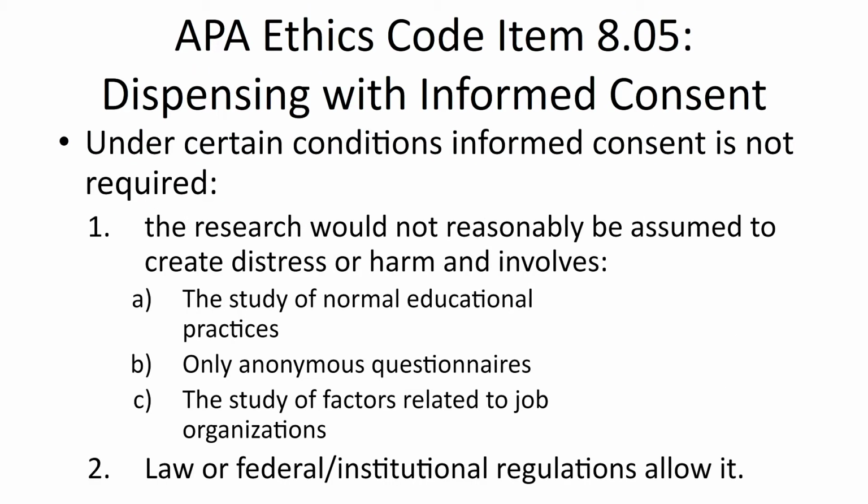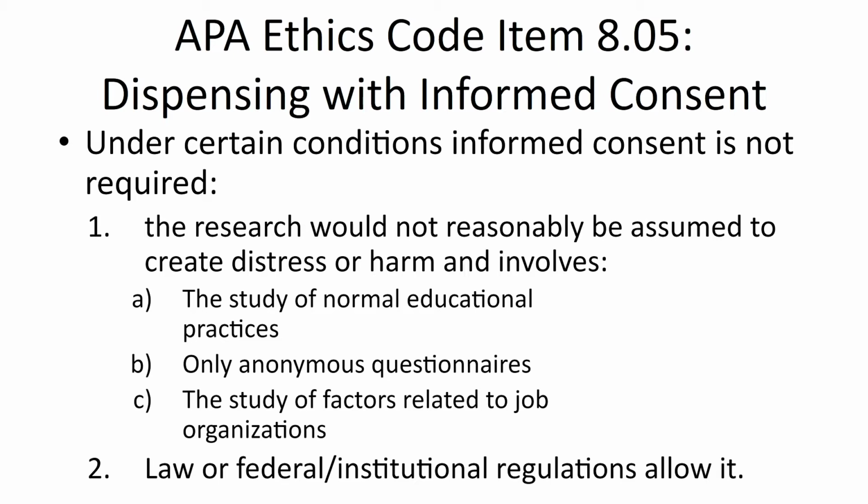APA Ethics Code item 8.5 refers to those cases where you don't need to get informed consent. So under certain conditions, informed consent is not required, and it basically comes in two ways. Number one is the research would not reasonably be assumed to create distress or harm and involves one of the following things: study of normal educational practices, of only anonymous questionnaires, or the study of factors related to job organizations.